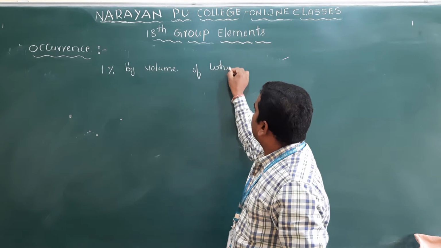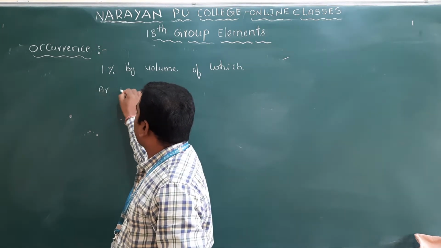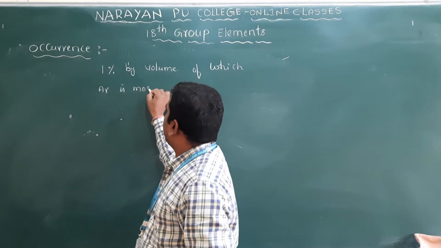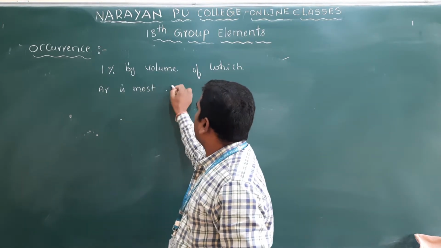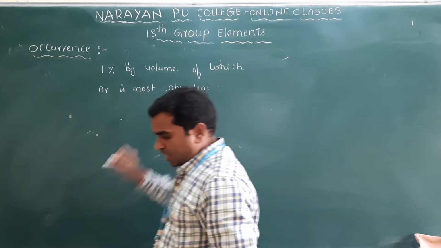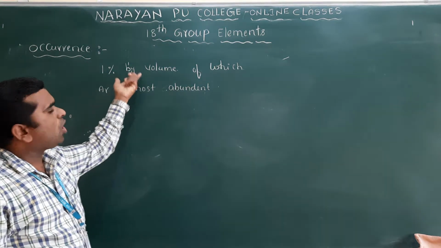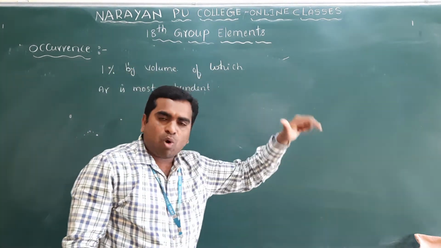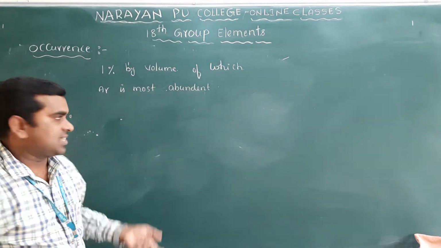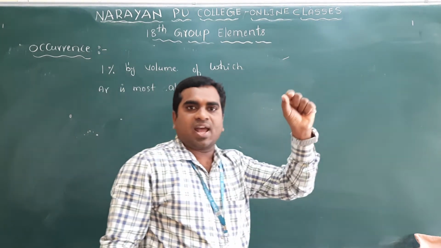Of which, argon is most abundant. Clear? So they are present about 1% by volume in the air, but among all the noble gases, argon is the most abundant in the dry air.